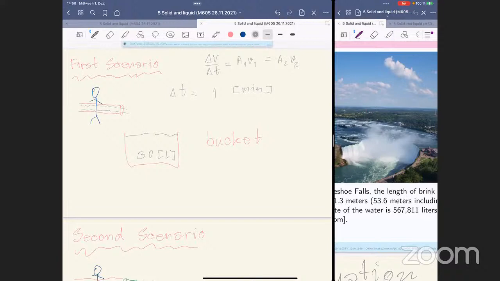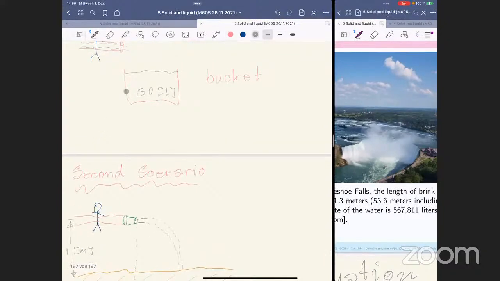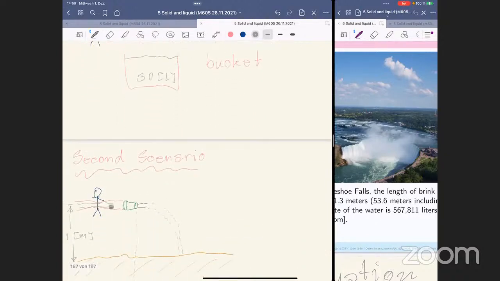Something you need to know is that the water flow rate in both scenarios will be the same, because it comes from the same water pump.